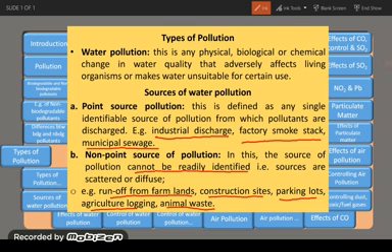Once water gets contaminated with this kind of pollutant, it will not be easy to identify the source, and that is why we classify it as non-point source pollution.